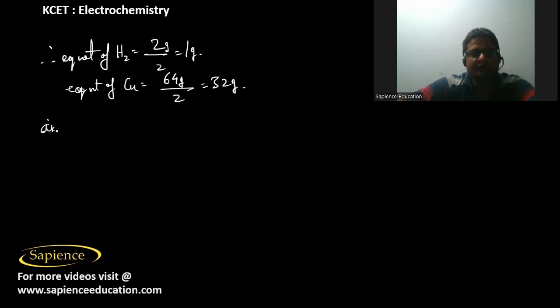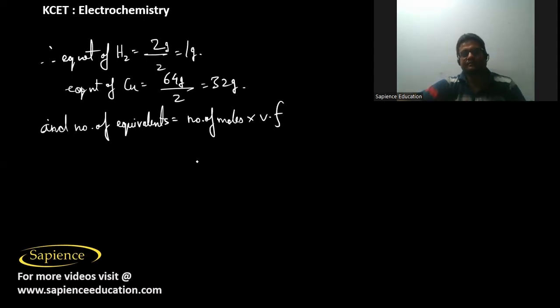And also the number of equivalents is given as the number of moles times the valency factor. It means the number of equivalents of hydrogen that will be formed will be equal to the number of moles of hydrogen times 2.